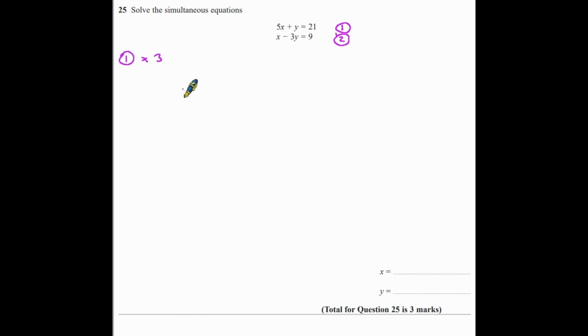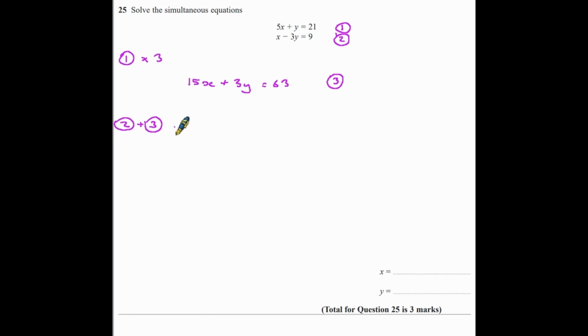So we have 5x times 3, I've now got 15x plus y, well, y times 3 must become 3y, equals 21 times 3 is 63. I'm going to call this equation 3. The next thing I'm going to do is take equation 2 and add it to equation 3.